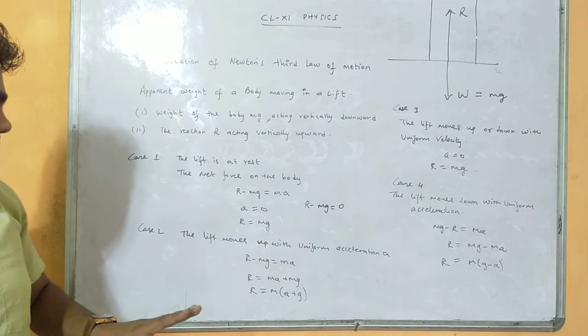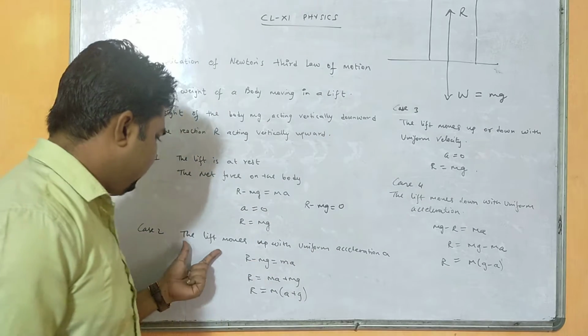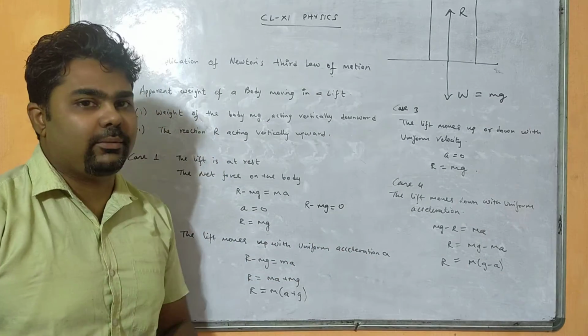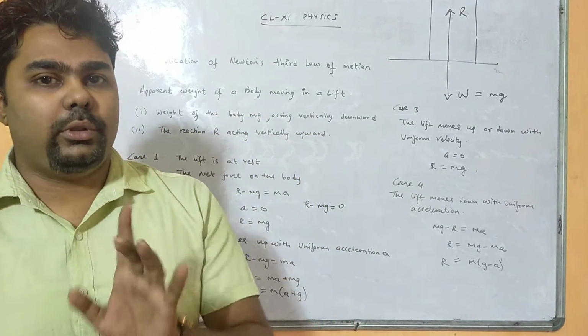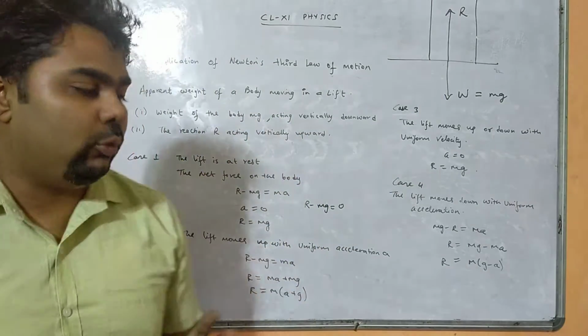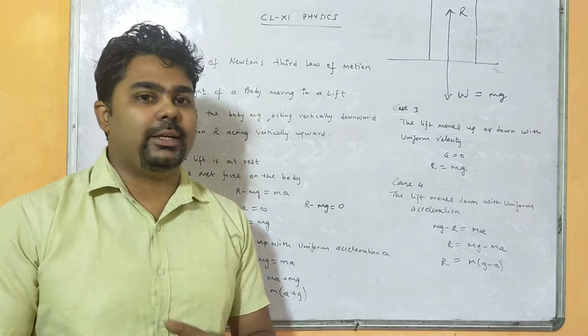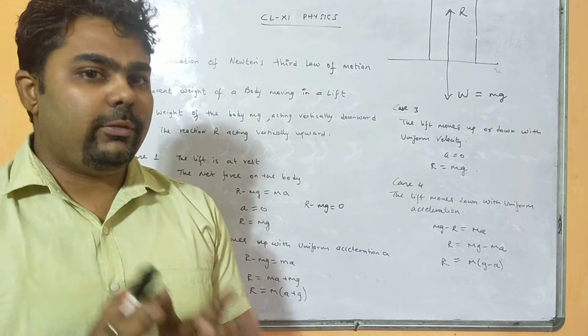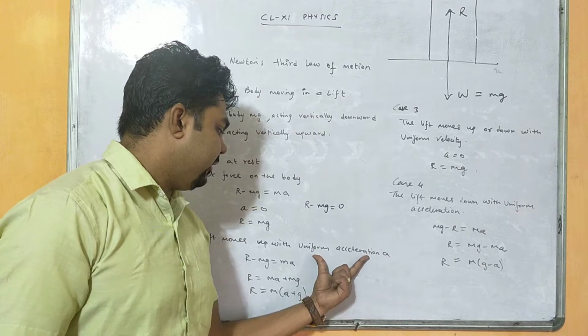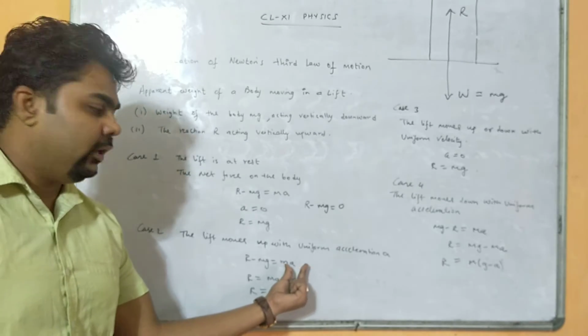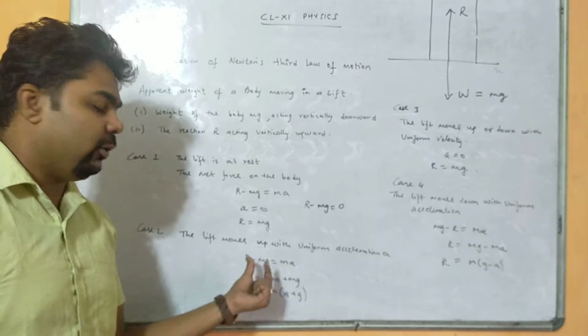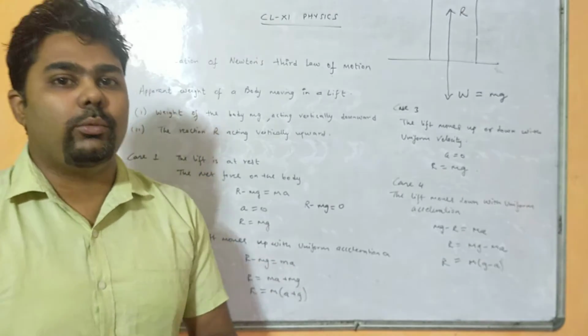R equals mg. Now the next condition: the lift moves up with uniform acceleration. Now the lift is moving up with a uniform acceleration, not with uniform velocity. This you have to note. If it is uniform velocity, then the condition will change. So if a lift is moving up with uniform acceleration, what is the formula? Net force is R minus mg, because now the object is moving up.